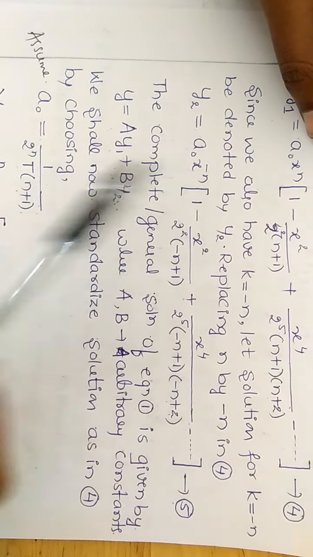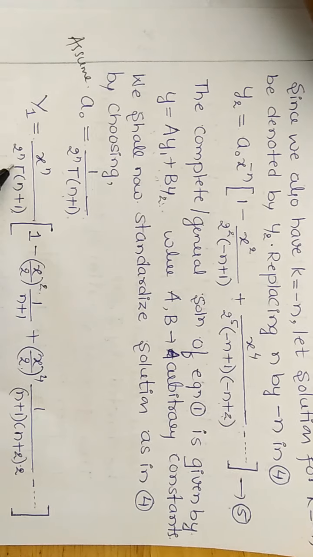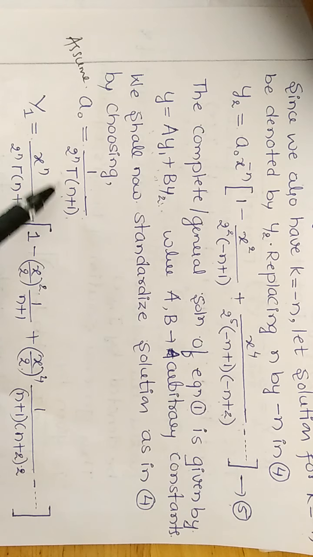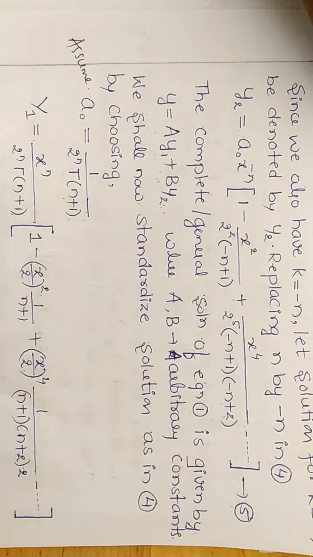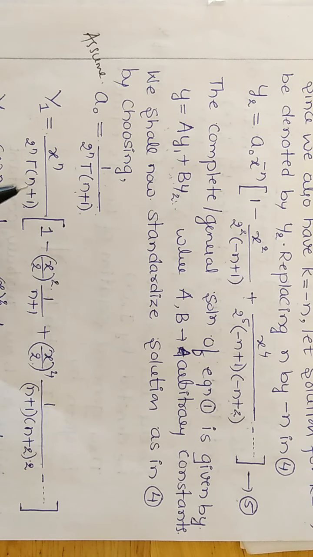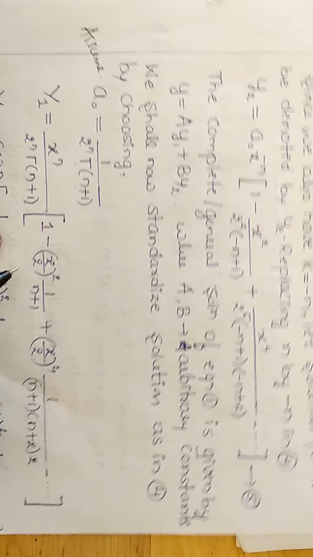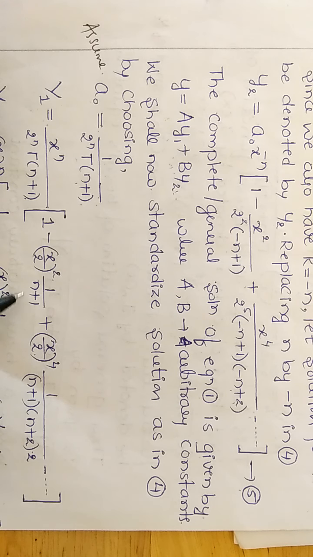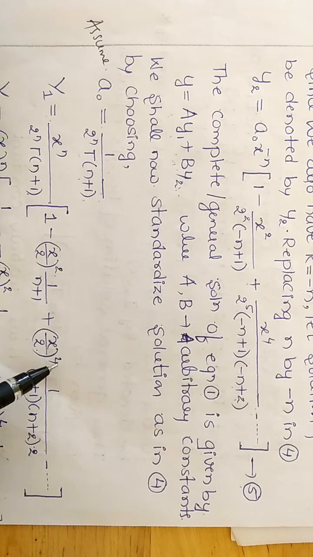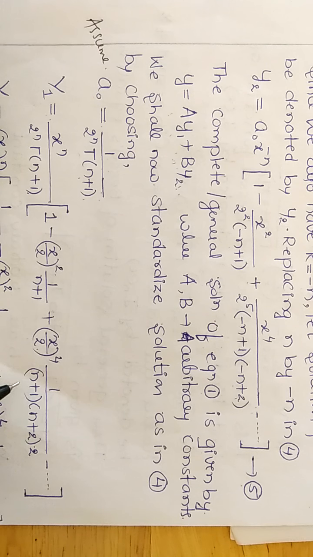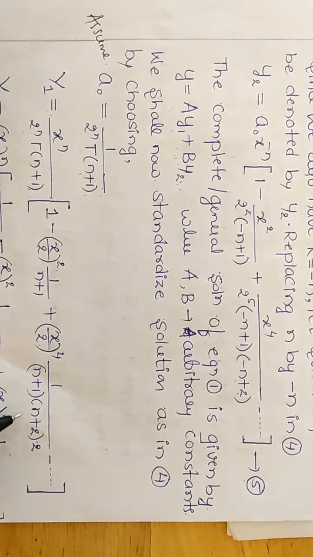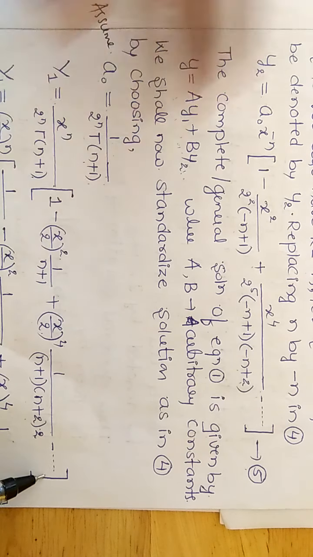What is a naught? A naught is 1 divided by 2 raised to n into gamma of n plus 1. Substitute, we get y1 equal to 1 minus x by 2 whole square into 1 divided by n plus 1, plus x by 2 raised to 4 into 1 divided by n plus 1 into n plus 2 into 2, and so on.